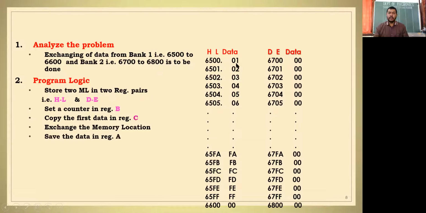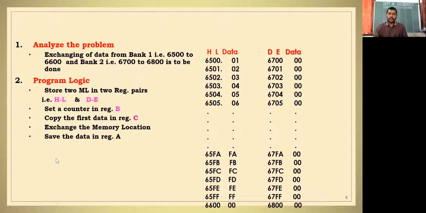Then what will we do? We will copy the data of 6700 into some other register. We will save that data in register A, because if we directly copy the first data over here, this data will be lost. So first we store this data somewhere.